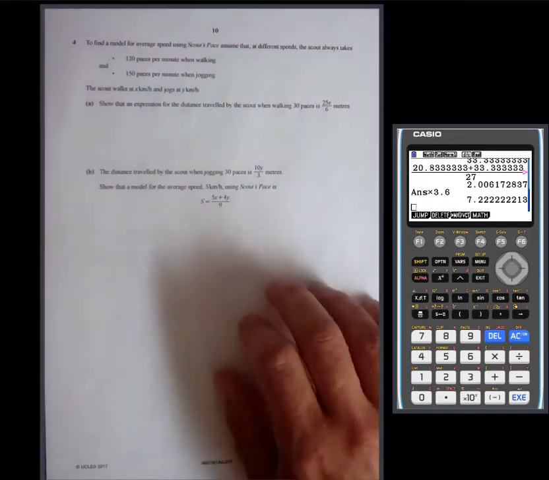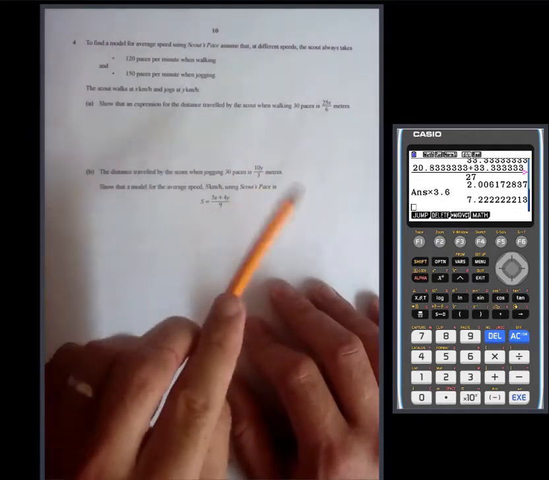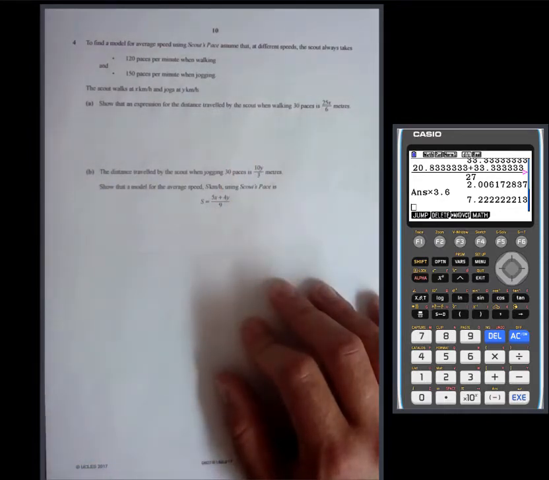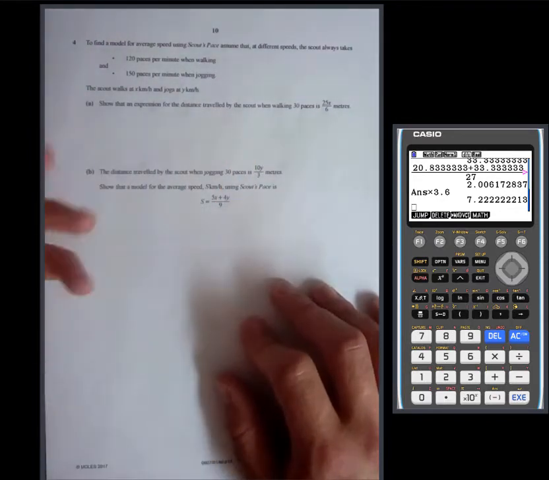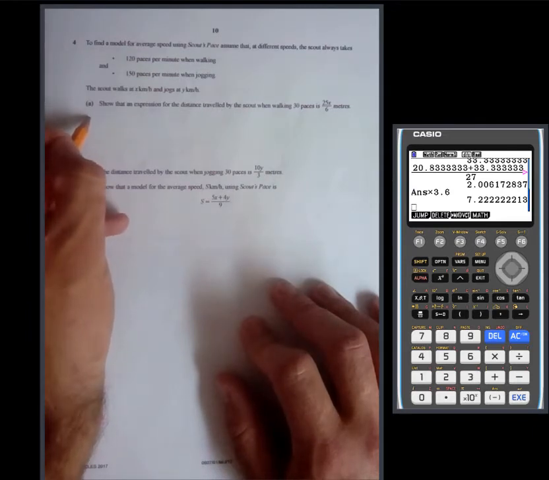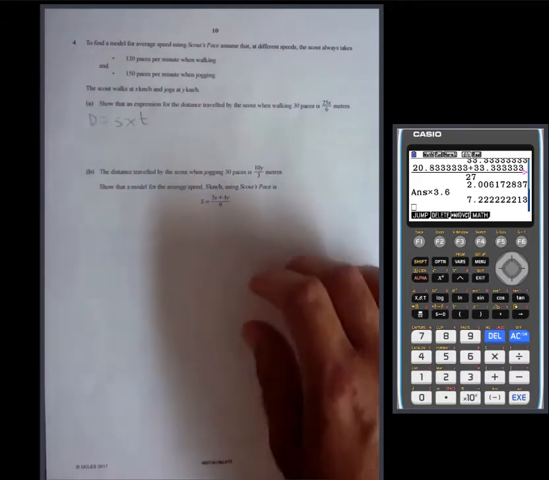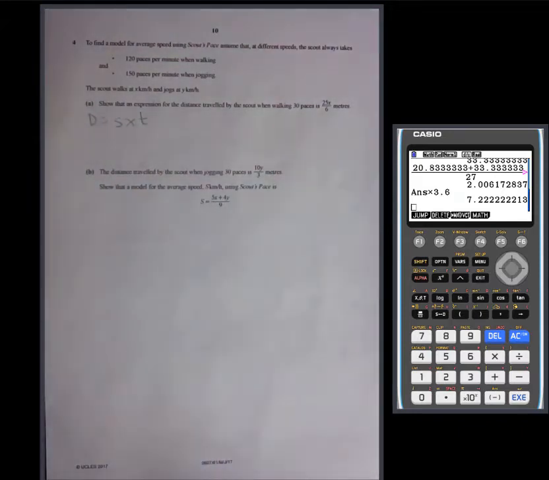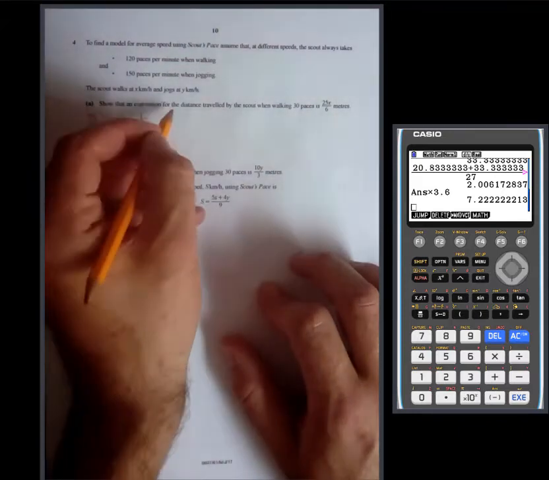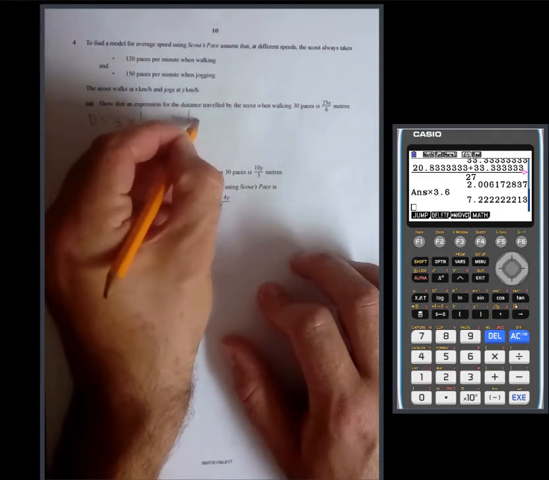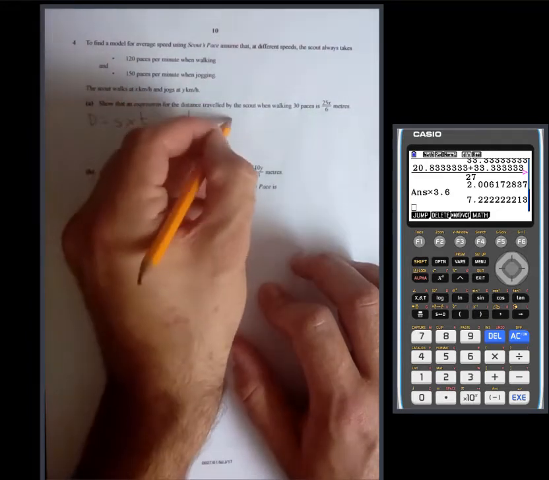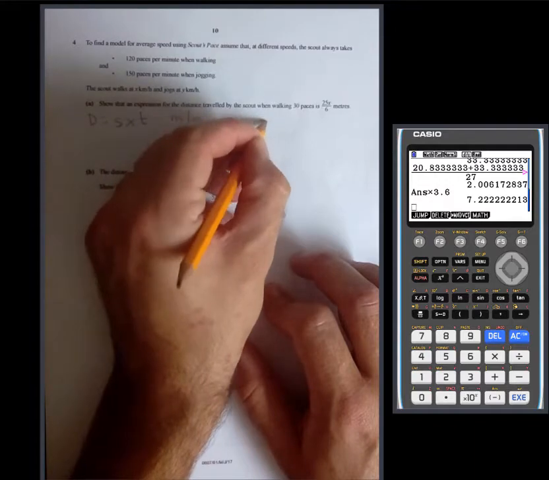So we need to find an expression for distance in meters when walking 30 paces. So remember, distance equals speed times time, and the units have got to be consistent. So you have a speed in meters per minute, speed times the number of minutes.